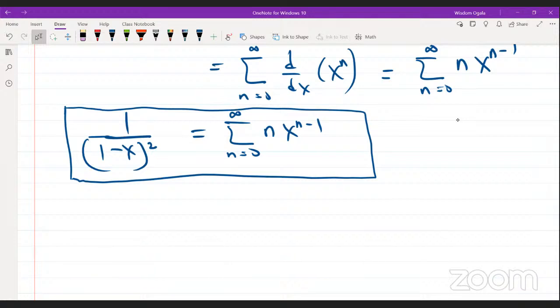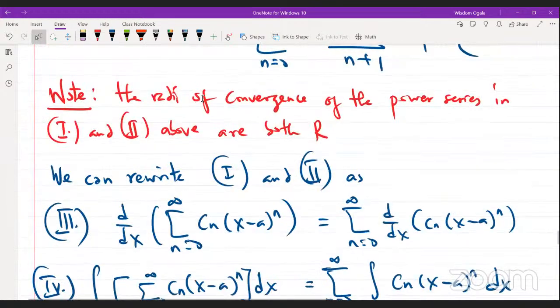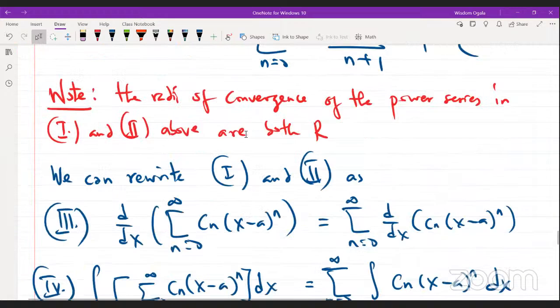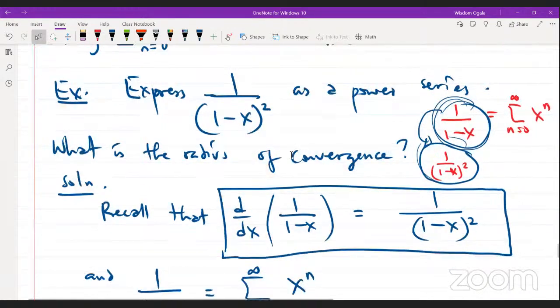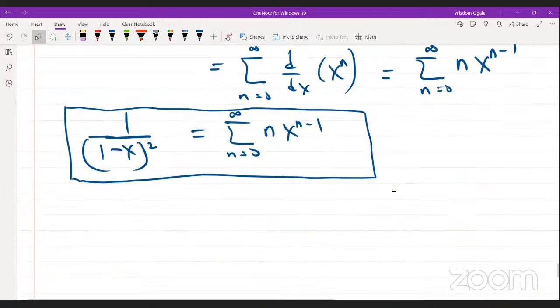Now, we're not done yet, because the question is asking us about the radius of convergence. If you take notes, we had a note right here: the radii of convergence of those power series are the same. Equivalently, the radius of convergence of this part and this part will be the same.